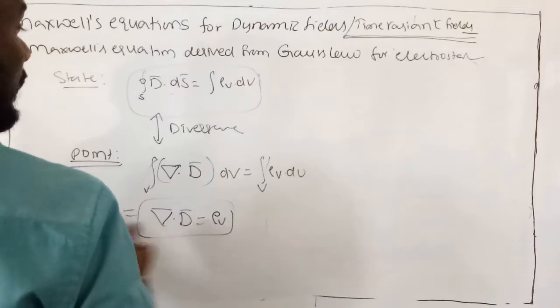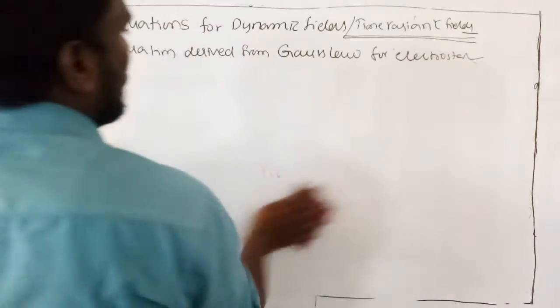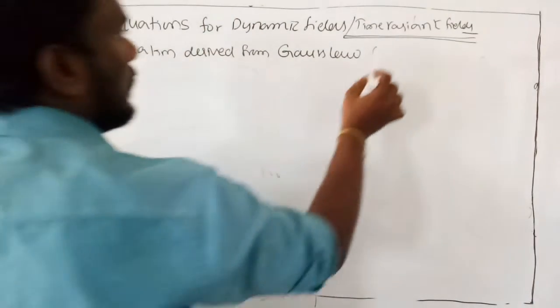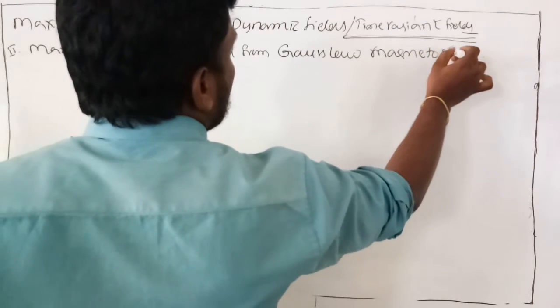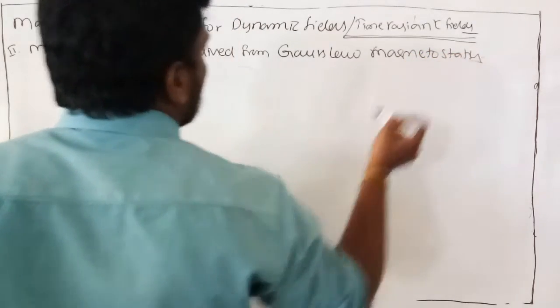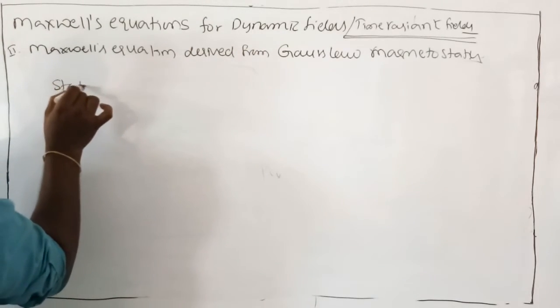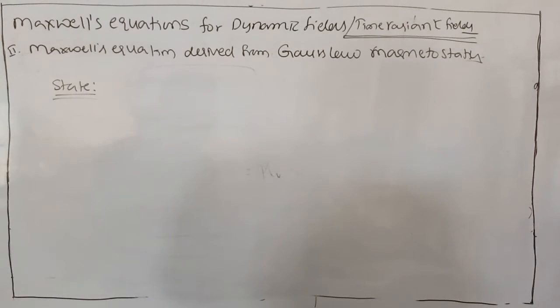Similarly for magnetostatics, how will it be? It is already discussed. The statement: the magnetic flux passing through an irregular surface area is equal to 0.